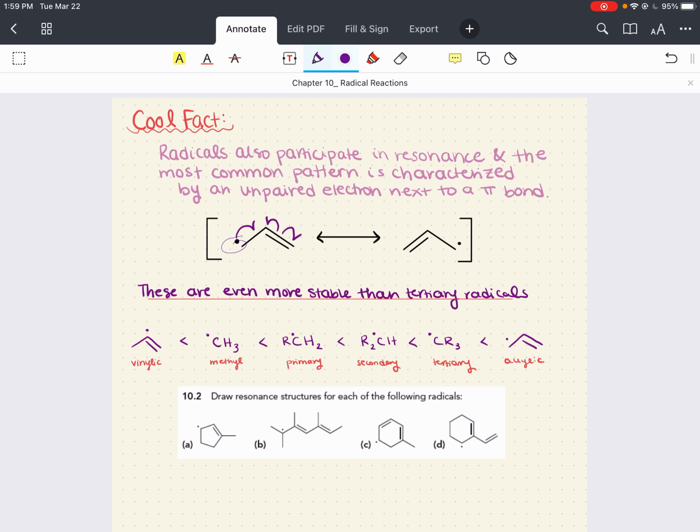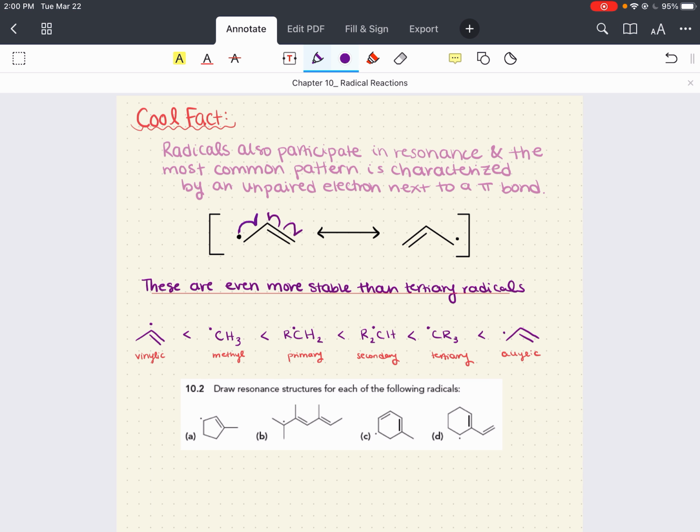All right, so what this means is whenever you find the single electron near a double bond, it can participate in resonance, and you can draw the resonance structures. Now, how do you appropriately draw this resonance structure? Well, starting off at the single electron you have, using a fishhook arrow, that electron will come to this bond along with one of the electrons of the double bond.